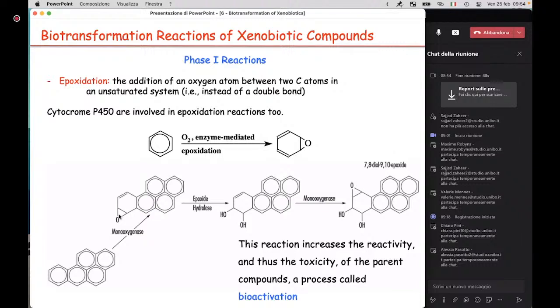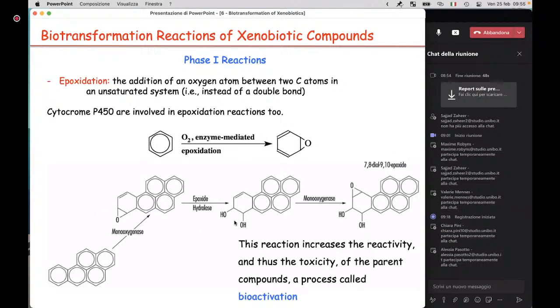They are quite often, let's say almost always, dangerous poisons. And this is also the case with the epoxide produced by epoxidation.